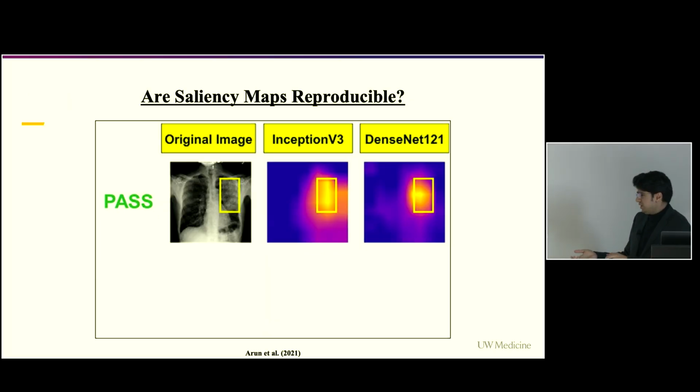The next question that we can ask is, are saliency maps reproducible? Essentially, columns 2 and 3 are different deep learning models, but they have comparable AUCs. They are doing decent performance, almost the same performance. And then we see that they are picking up on the same set of features.